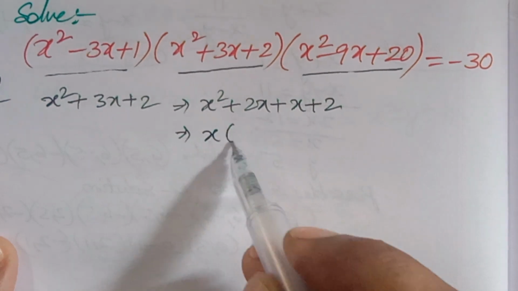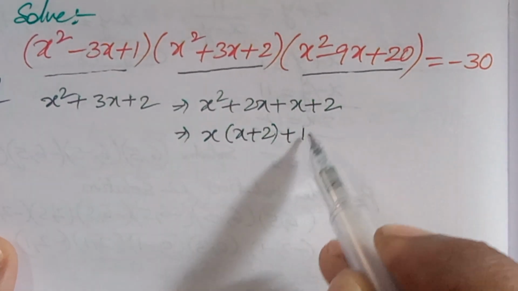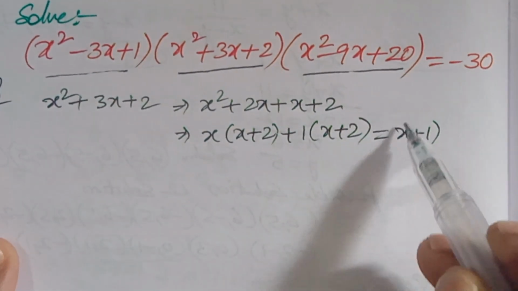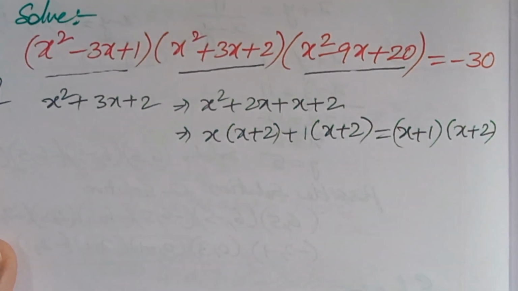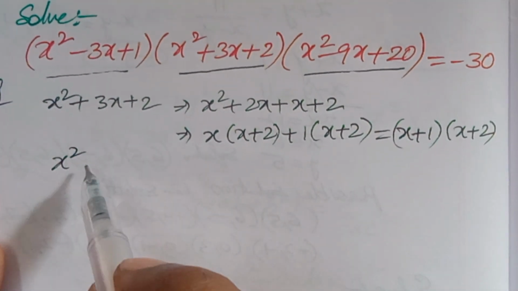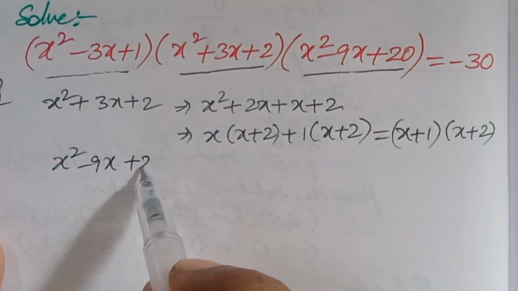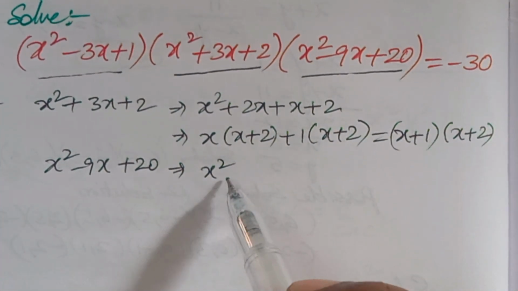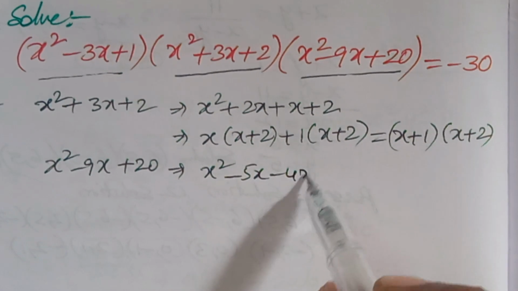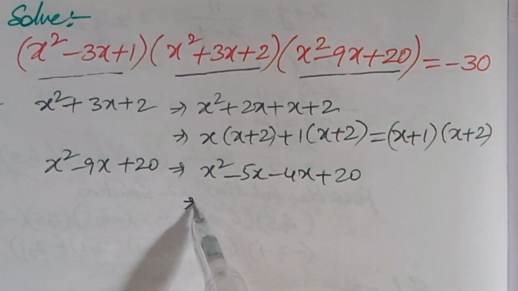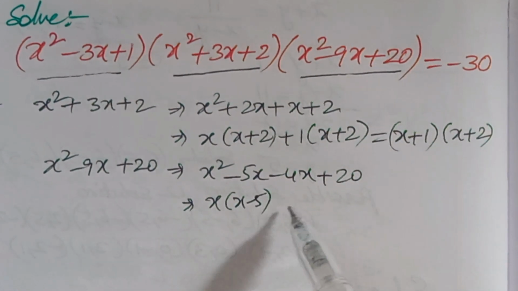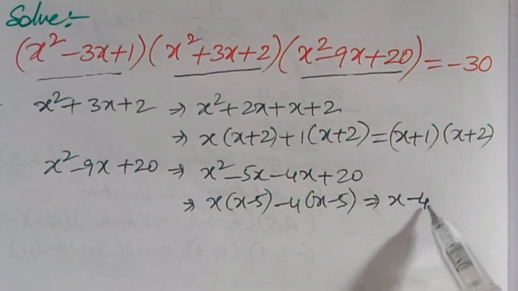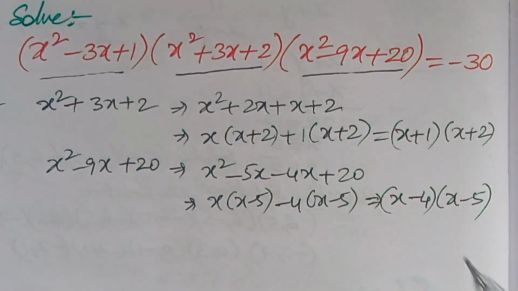So you can write it as x(x + 2) + 1(x + 2). So this can be written as (x + 1)(x + 2). Now if you take the next one, x² − 9x + 20, you can write it as x² − 5x − 4x + 20. So here you can write x(x − 5) − 4(x − 5). This can be written as (x − 4)(x − 5).